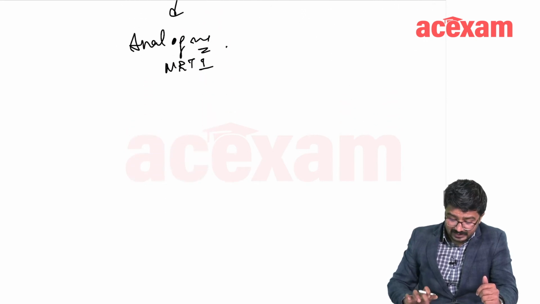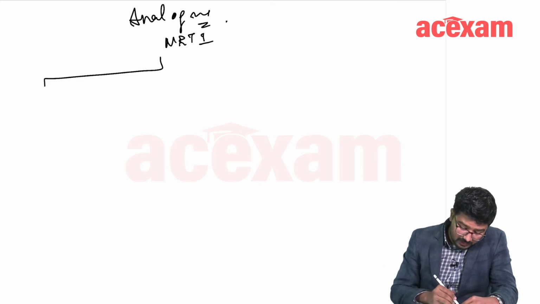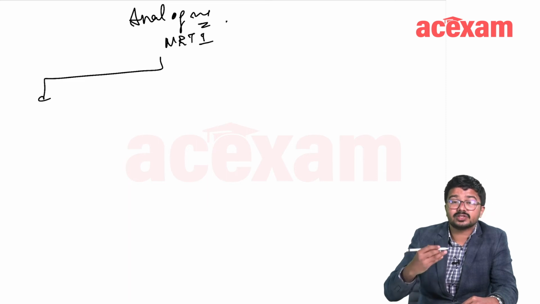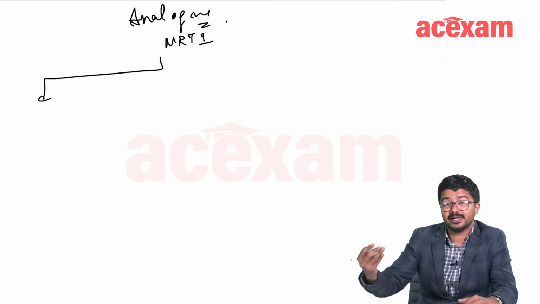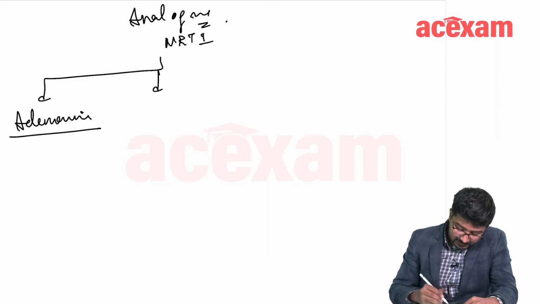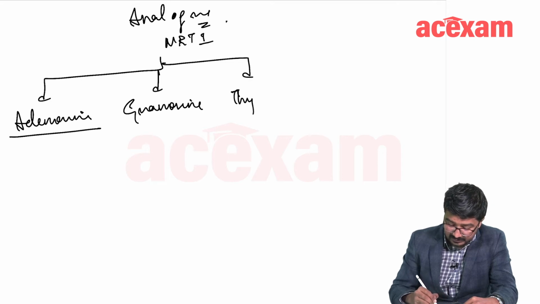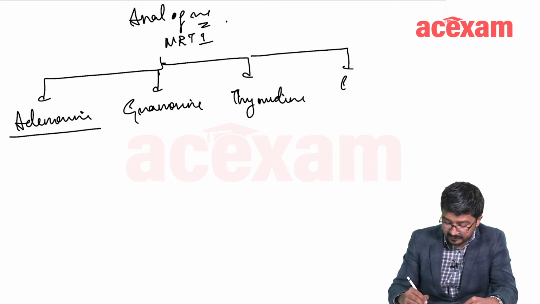I said these are analogs. Four broad analogs it can be, corresponding with the four different bases which are the components of DNA. It can be adenosine, guanosine, thymidine or cytidine.